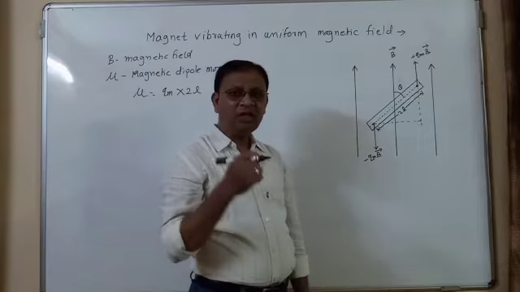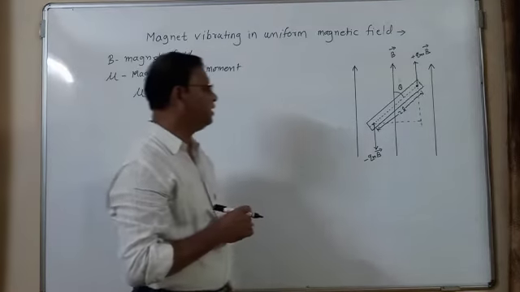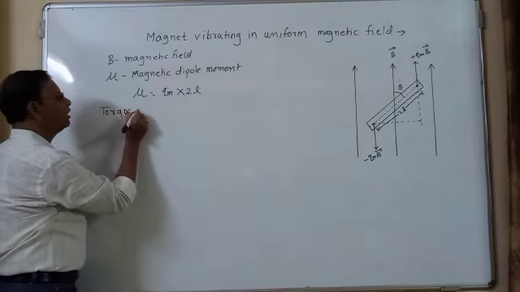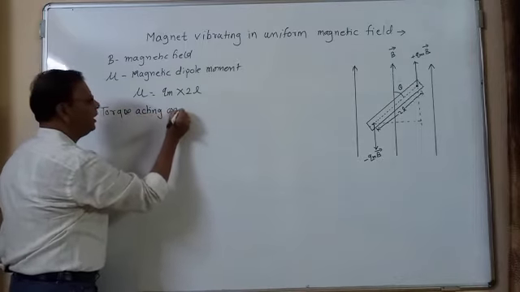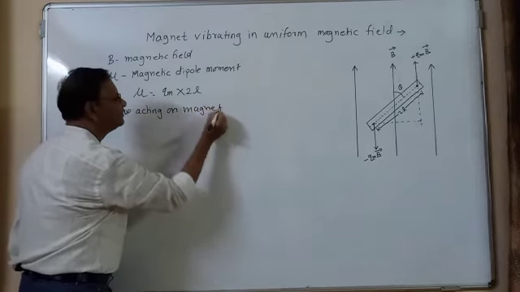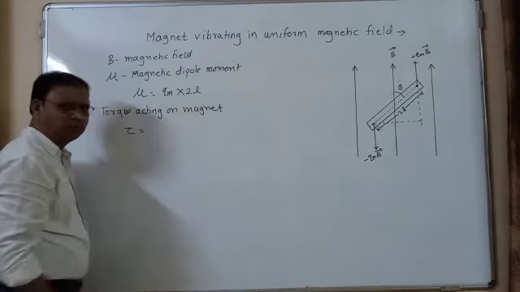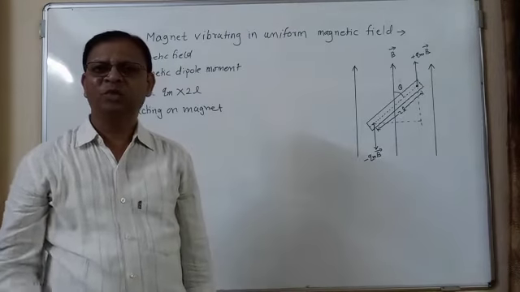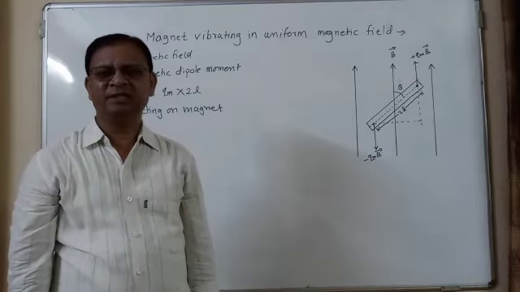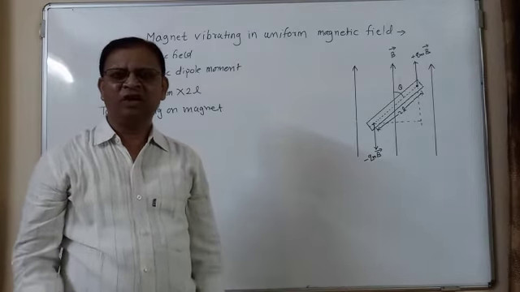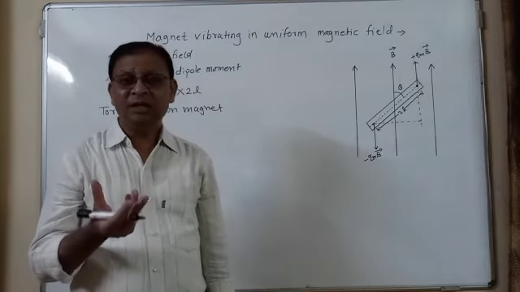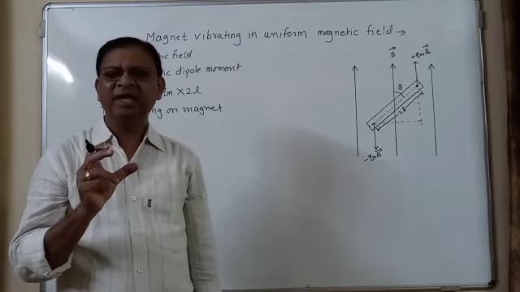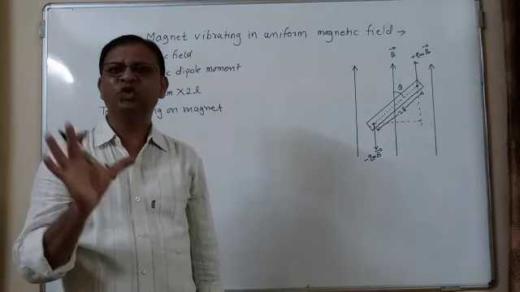Now what is the torque? The torque acting on the magnet, tau, is equal to, as you have seen in the definition of torque, the product of force and perpendicular distance. What is a couple? A couple is the product of the magnitude of one force and the perpendicular distance between the two forces.